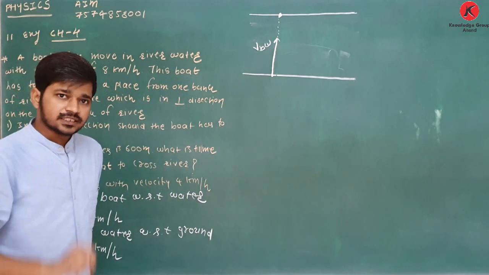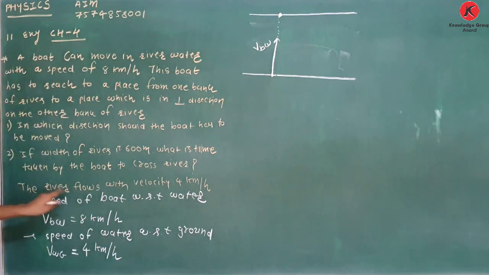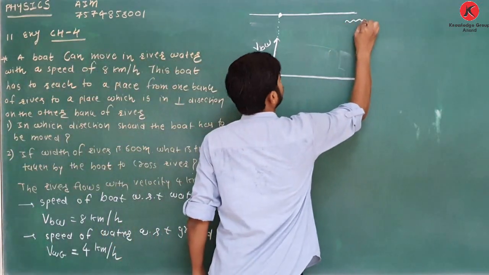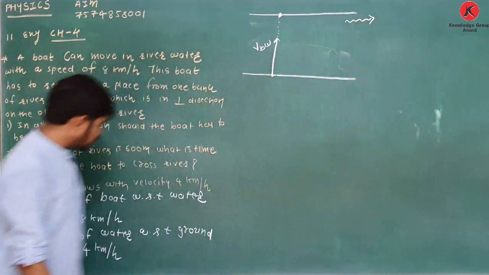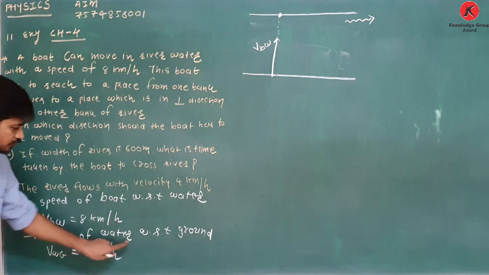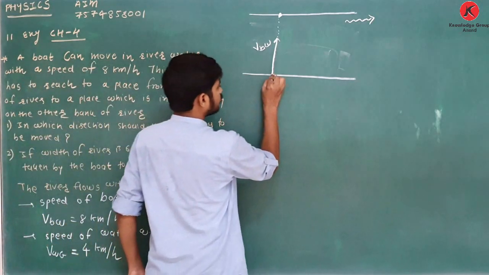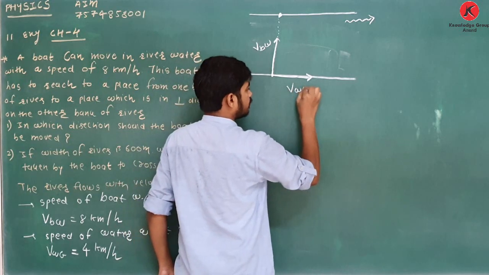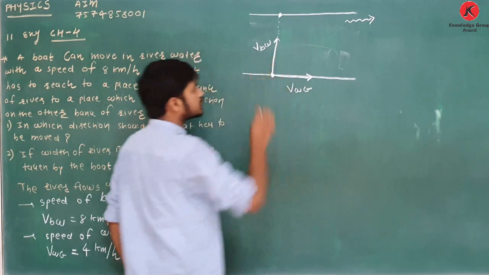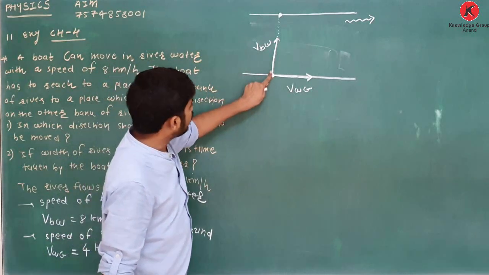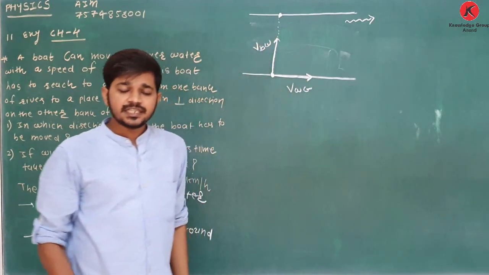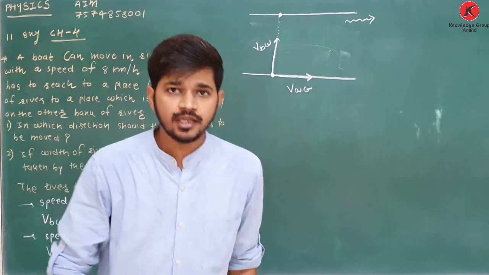Water is flowing, the river flows with velocity 4 km per hour. Suppose water is flowing in this direction. Velocity of water with respect to ground is in this direction from this same common point. It is VWG. So see, from this one point, the boat is moving in this direction, water is moving in this direction.